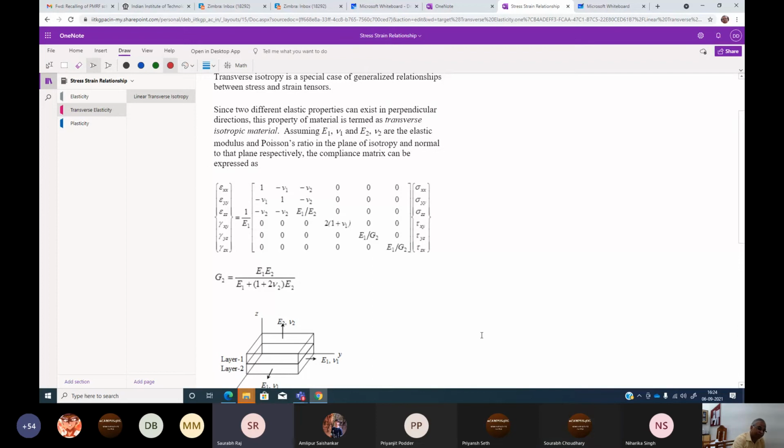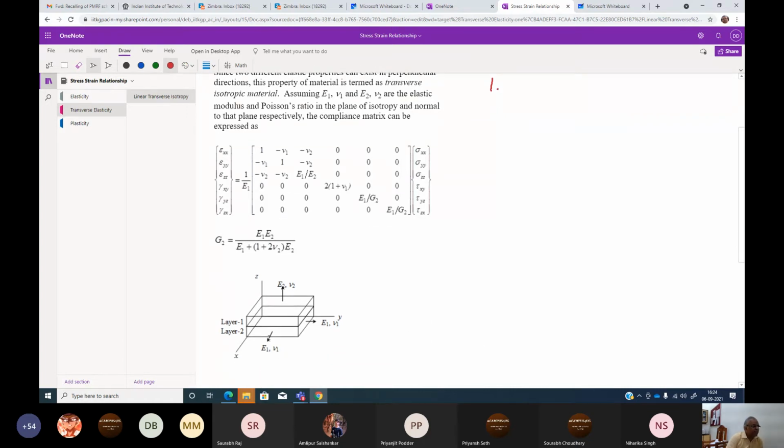Igneous, sedimentary, and metamorphic. Okay, there is sedimentary, right? Now, sedimentary means they have deposited sediment-wise, one layer by one layer. Right? Now, let's say this is layer 1 and layer 2, and this is how they have deposited.